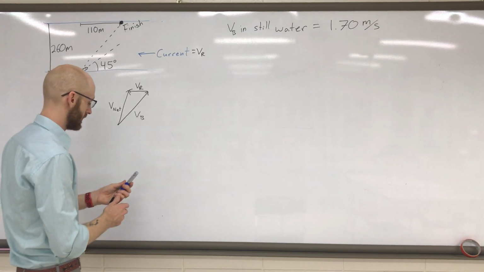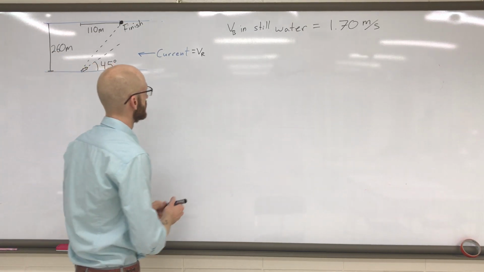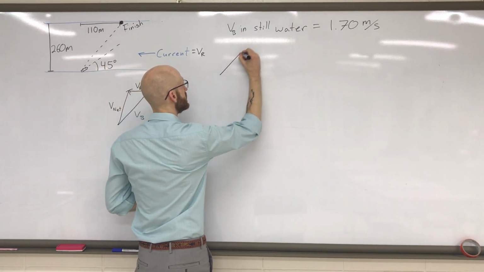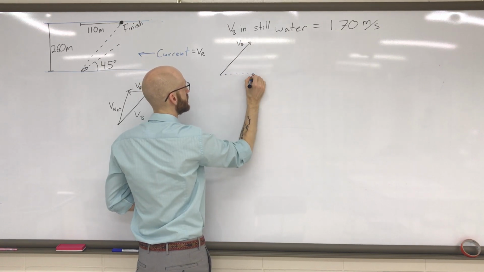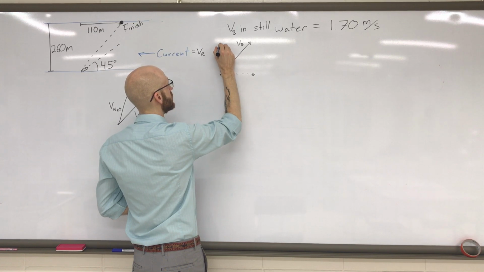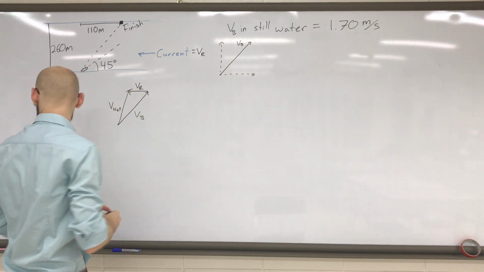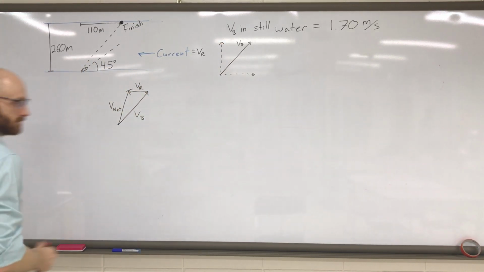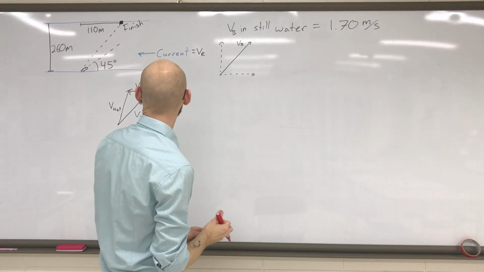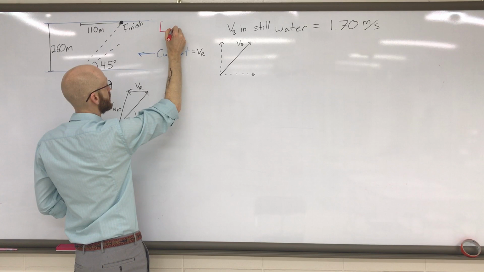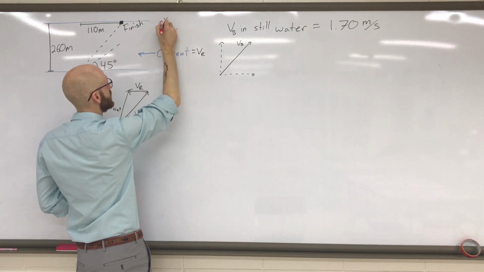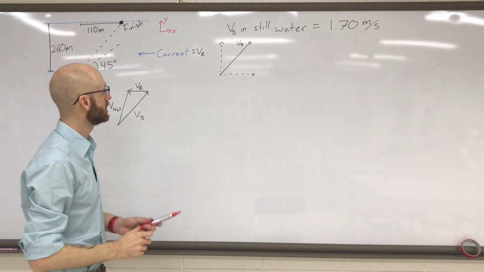So let's think about just the velocity of the boat. Right, so here's our boat velocity. Let's break this up into a vertical and a horizontal component. And just for the sake of simplicity, I'm going to go ahead and define some directions. So I'm going to call this way the x direction and up the y direction.